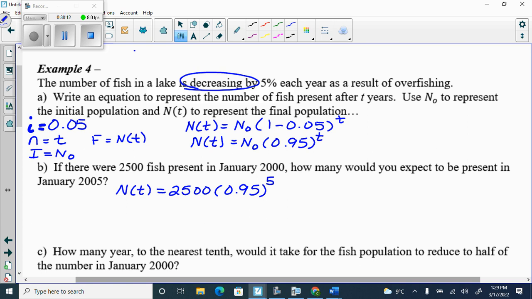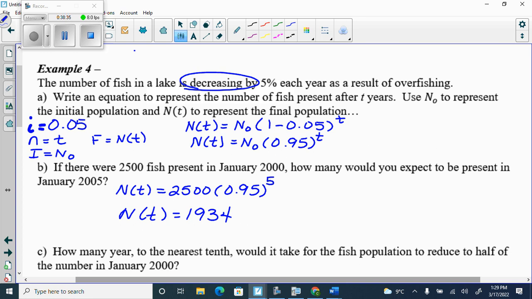Because it's 2000 to 2005. So we're going to get 0.95 to 5 times 2,500. 1,934 fish. We have to round down no matter what.